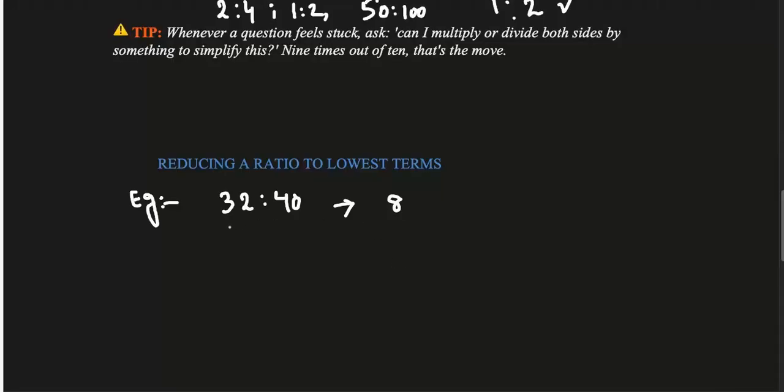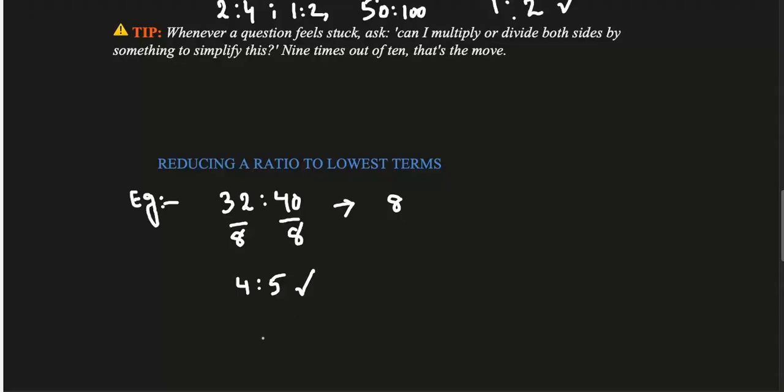So we divide 32 by 8 and 40 by 8. The reduced ratio is 4 is to 5. Can I reduce it further? No. This is the lowest term and they don't have any common factor other than 1. That's why this ratio is now reduced to the simplest form.